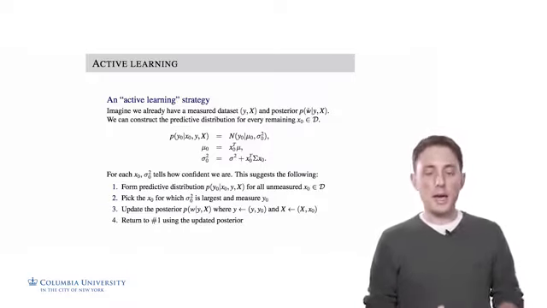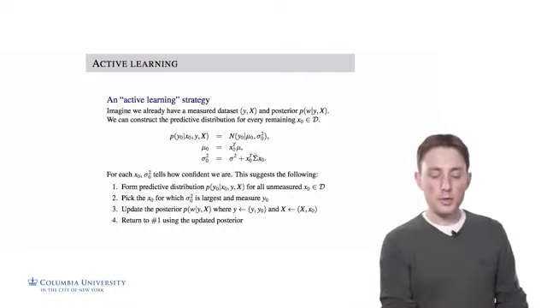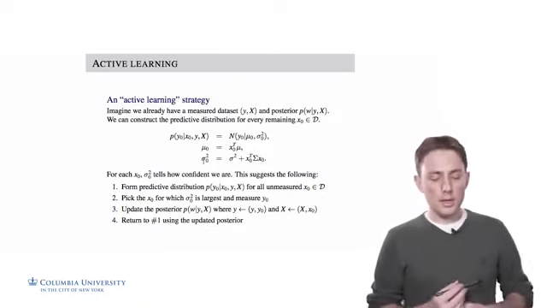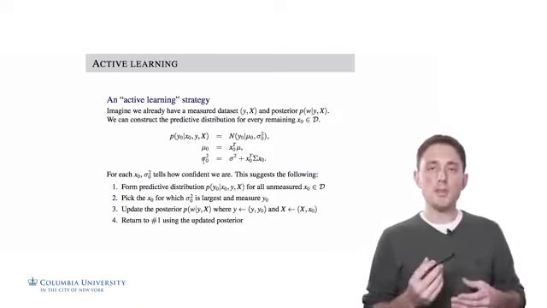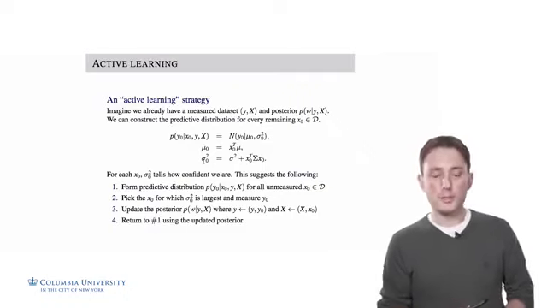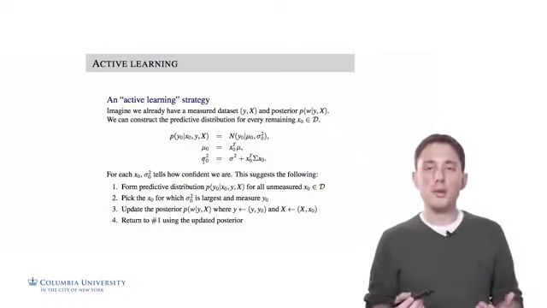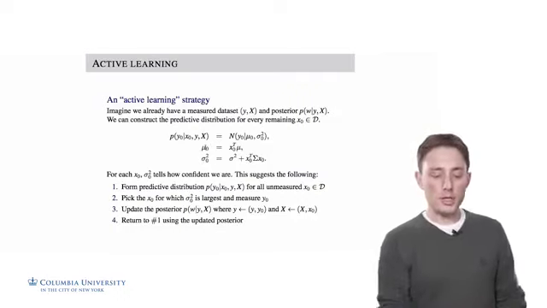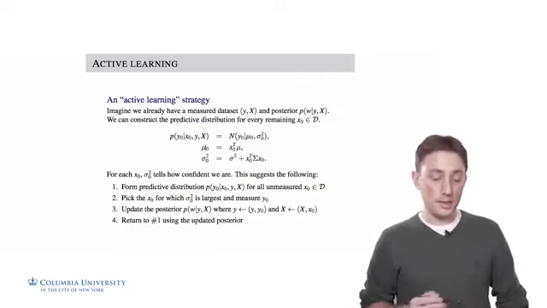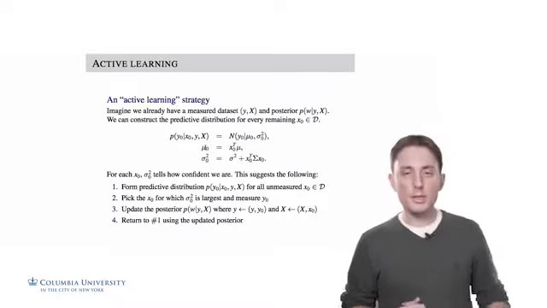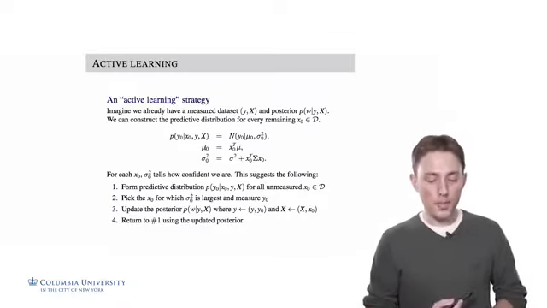So for every x0, we can calculate these two values, and the value of sigma naught squared, in a way, gives us a measurement of how confident we are in our prediction. So for different x0, we're going to have different measurements of how confident we are in our prediction of mu naught, in a sense. So this suggests the following procedure.